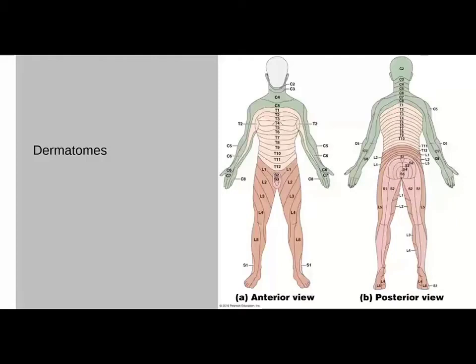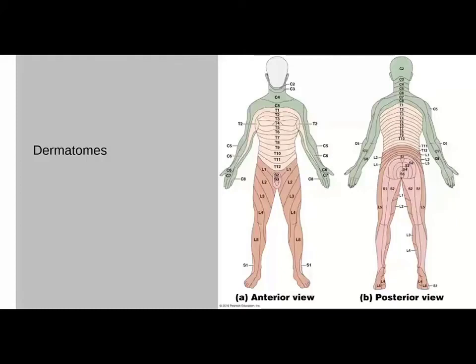And as these nerves leave the spine and go out towards whichever location they're serving, they branch and cover more and more area of the body. But they follow a pattern, and that's what we're seeing here with dermatomes.